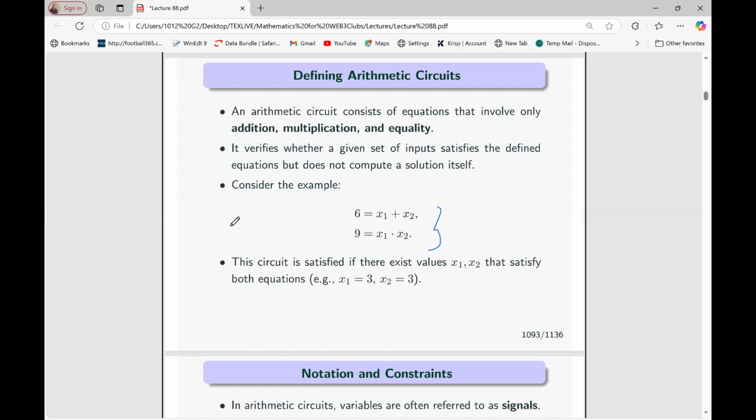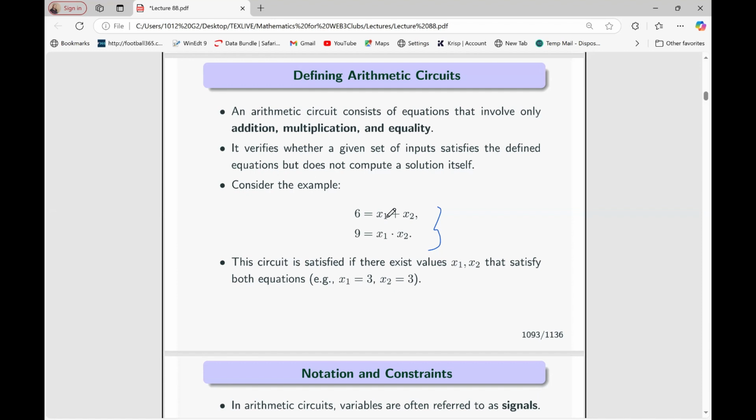They do not generate these equations. They just verify whether the inputs are correct. The inputs, you just want to verify. You see, the prover would want to show that he knows what x1 is, what x2 is. So then the verifier will be trying to check, without necessarily being told the exact value of x1 and x2.